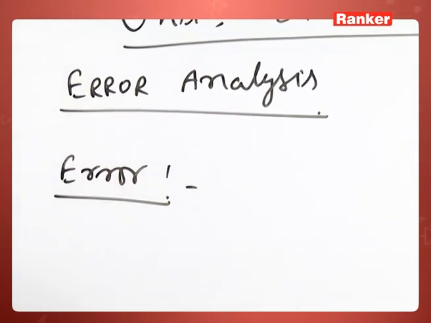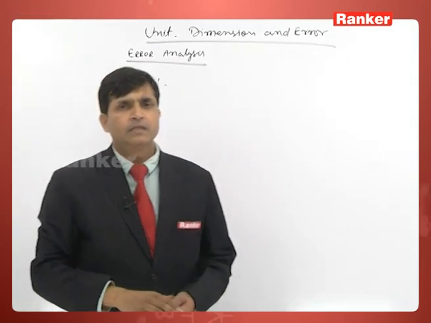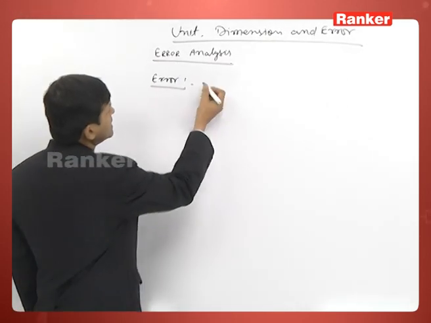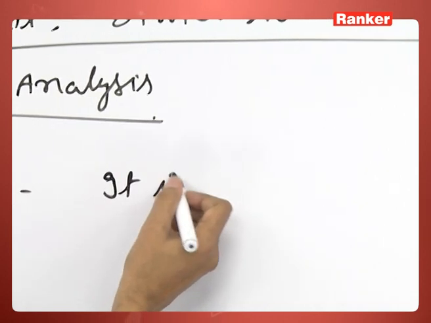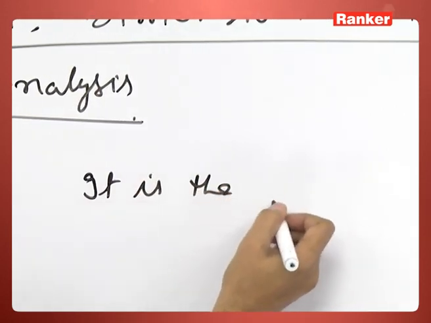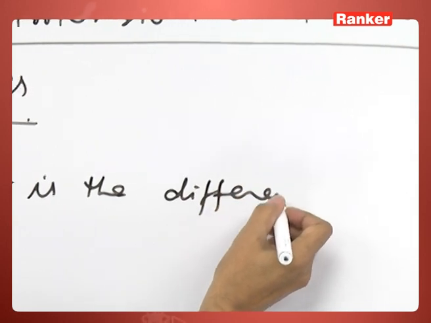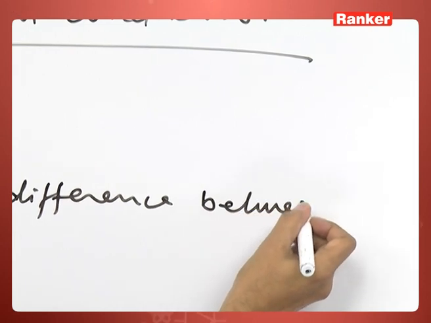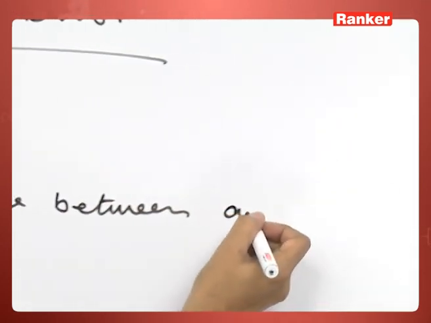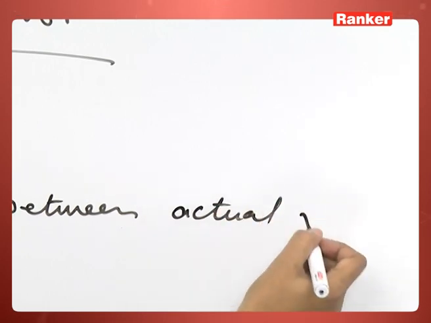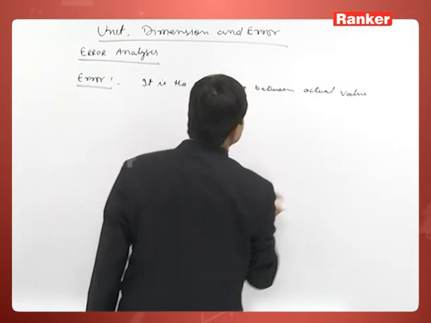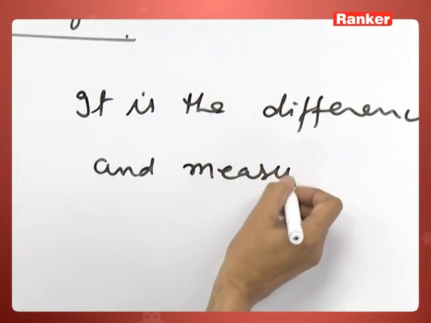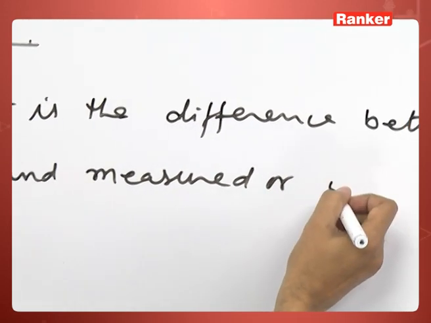When we are defining any quantity, the first meaning of error is the difference between actual value and measured or observed value.